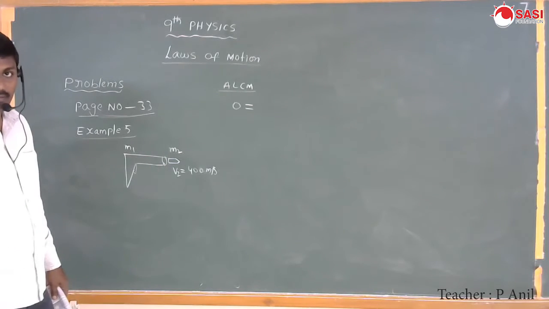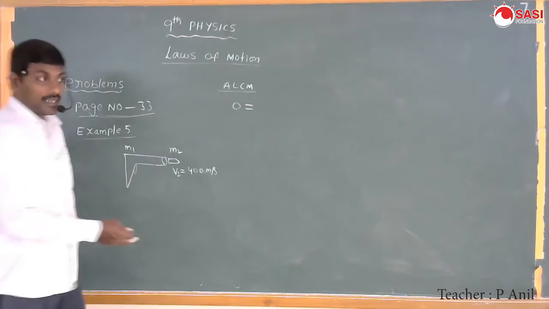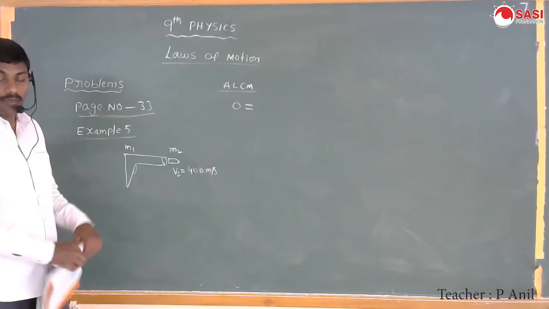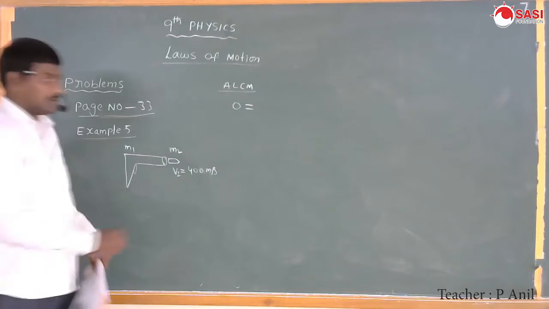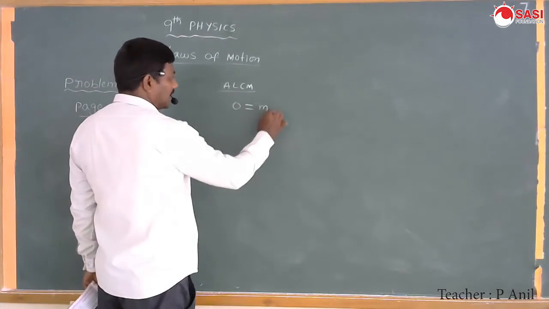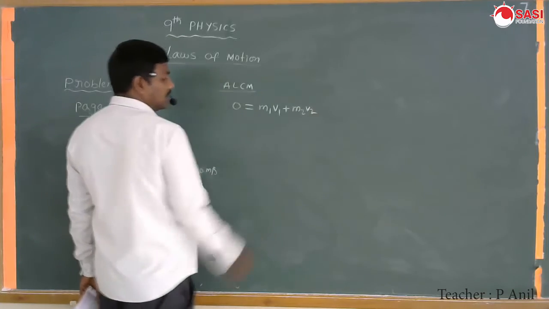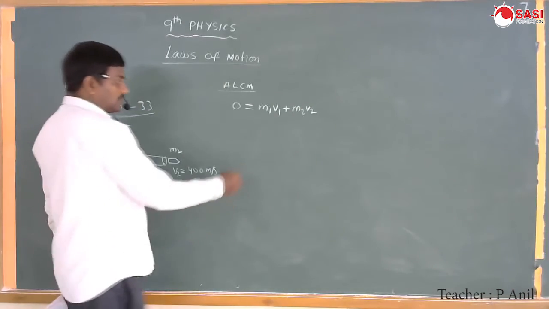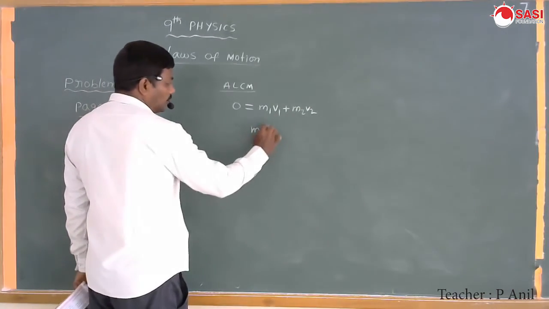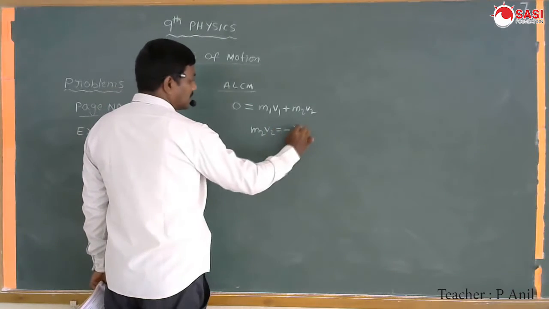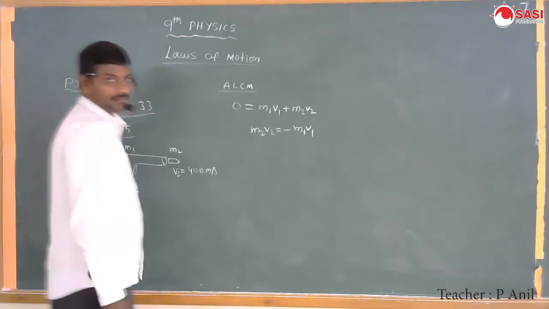After firing, the total momentum is the momentum of the bullet as well as the momentum of the gun. Momentum of the bullet is, let us say, m1 v1. Momentum of the cannon or gun is m2 v2. From this, the formula is m2 v2 is equal to minus m1 v1.